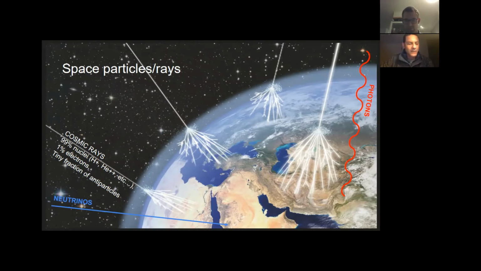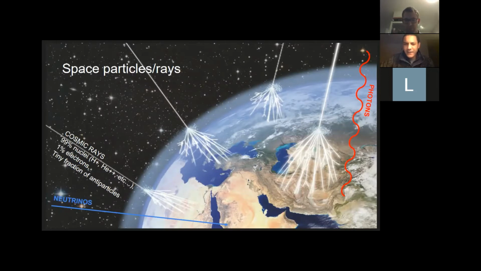And as you can see from this little graph, 99% of these particles are actually nuclei, which are atoms stripped of their electrons. So the core of an atom, the nucleus. Most of them are actually just a proton, the lightest element we have. 90% of these nuclei are protons.